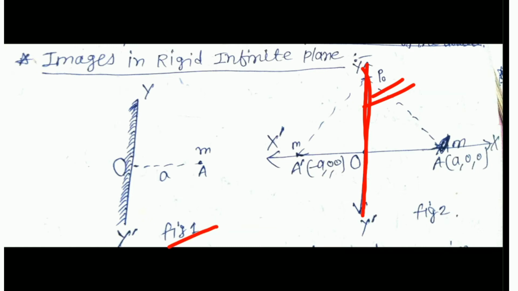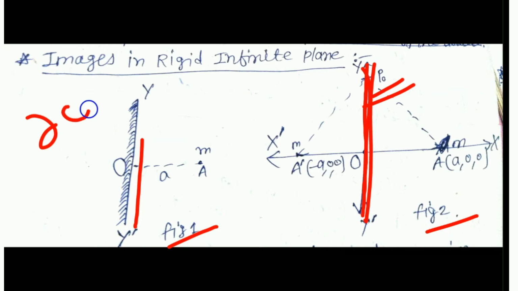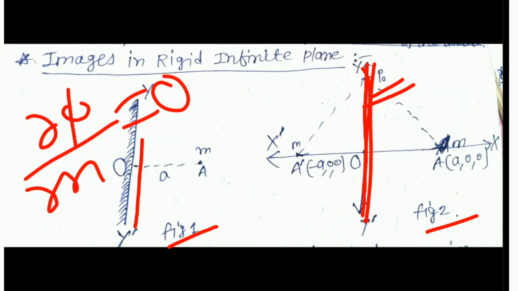In this figure first and this figure second, at all corresponding points P0 on the surfaces y dash, dou phi by dou n is equal to 0, for the region of flow x greater than or equal to 0.